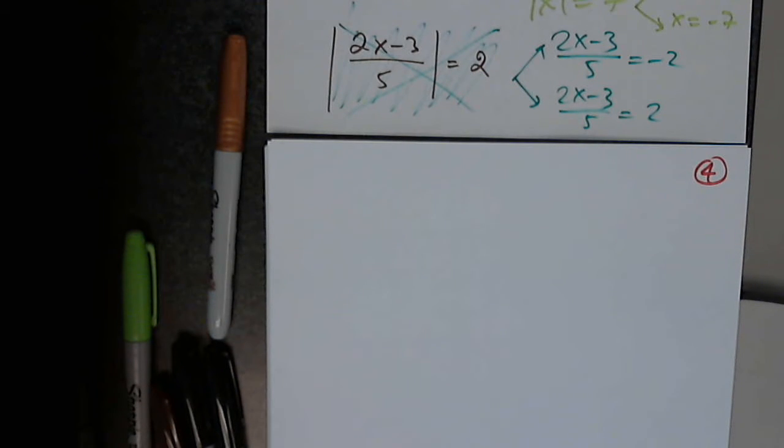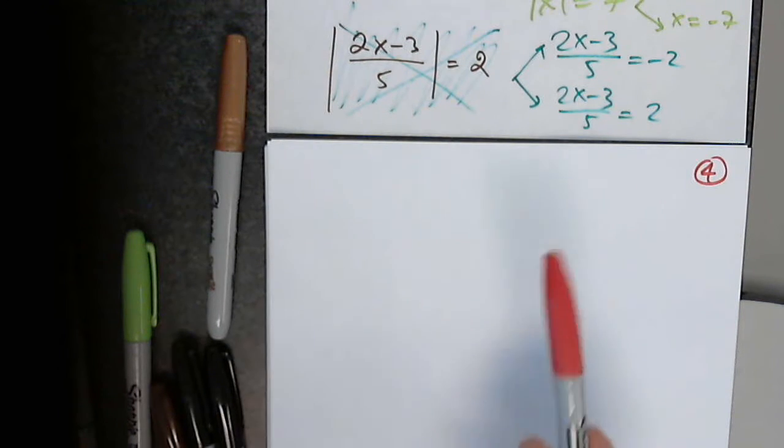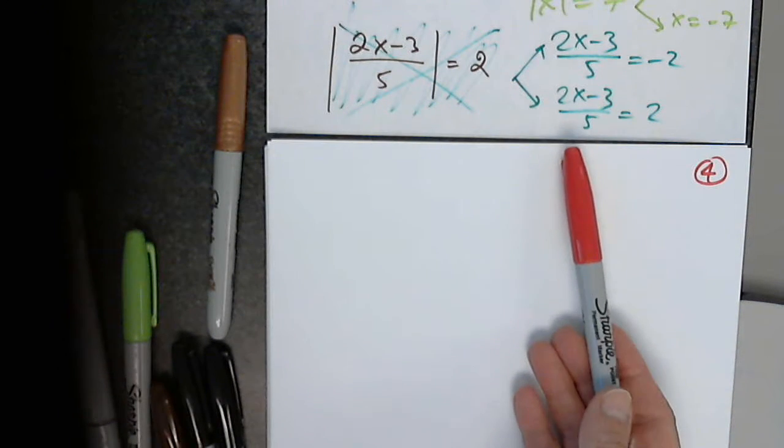One minute. So in these two equations, I can multiply by 5, both sides.